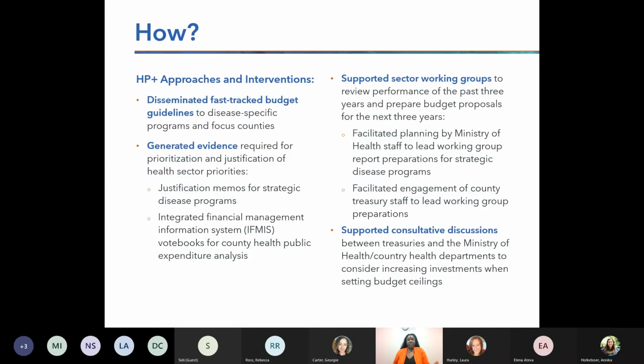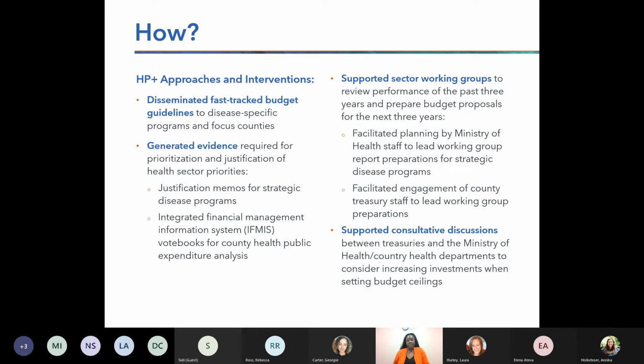So how did HP Plus support the national and county governments to fast track the cycle? First and foremost, through the dissemination of the budget circular within the fast-tracked budget guidelines to the HIV, reproductive health, and malaria units at the national level, as well as the focus counties.